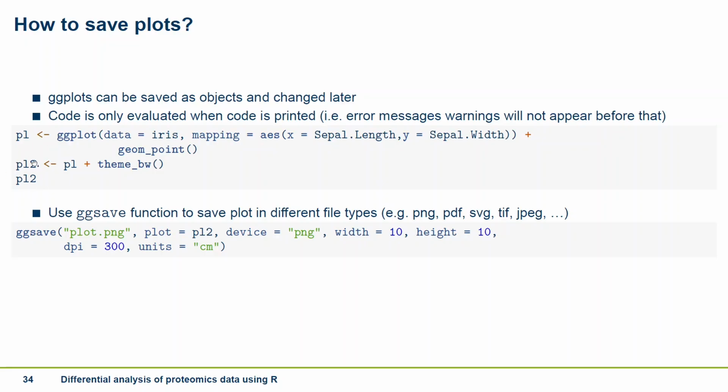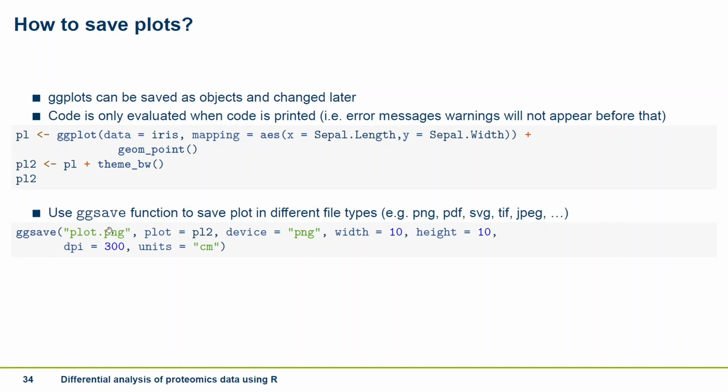So it may be that you write a lot of code and you don't realize you make an error here, and then it only becomes apparent at the last step. Error messages and warnings will not appear before that. To save a plot into a file, you can use the ggsave function, and there you have the option to save it in different file types like PNG, PDF, SVG, TIFF, JPEG, and so on.